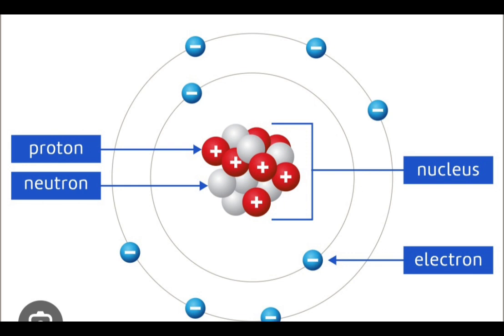Electrons are negatively charged particles that orbit around the nucleus of an atom. They are responsible for the chemical behavior of atoms as they participate in chemical reactions and determine the bonding between atoms. Without electrons, atoms would not be stable and will not be able to form compounds.